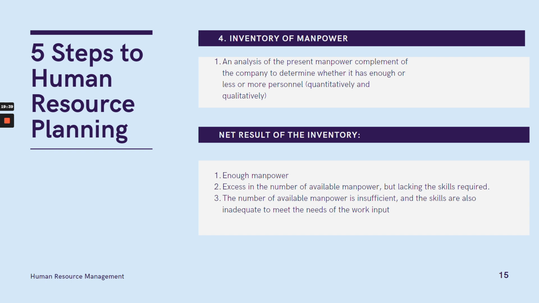Number three, makita po nimo nga the number of available manpower is insufficient, so kulang, and the skills are also inadequate to meet the needs of the work input. So pag makita nimo, then you can move forward. Sa imong pwedeng buhaton, it's either mag-hire ka og mga nag-match sa skills nga imong kinahanglan, or you are going to improve their skills, di ba? So, that's the fourth step.